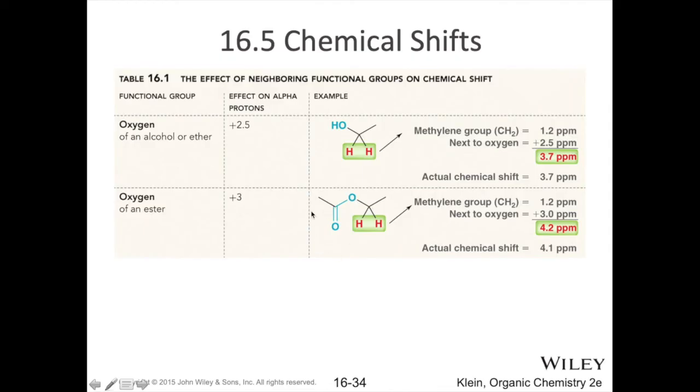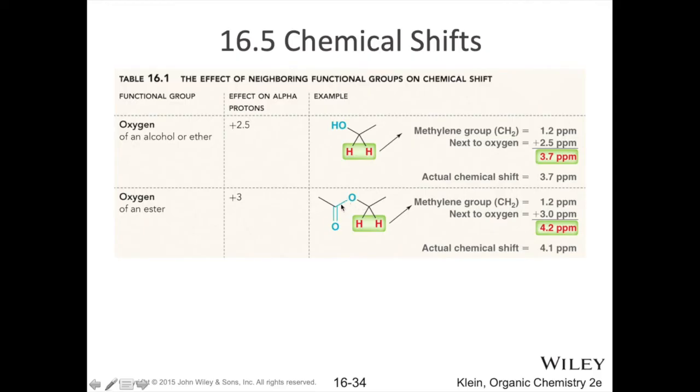Now, let's look at another example of an oxygen attached to that carbon. In this case, we have an ester. So that oxygen, instead of being connected to a hydrogen or an R group, as it would be for an ether, here it's connected to a carbonyl. So not only do we have this oxygen that's offering some electronegativity, but this carbonyl over here is going to pull on that electron density.